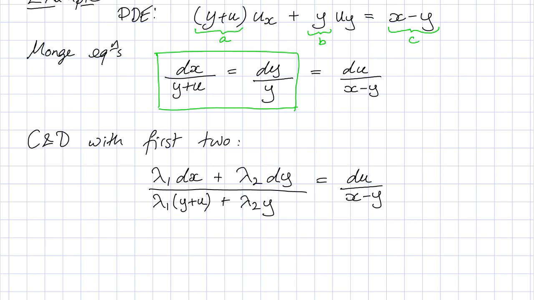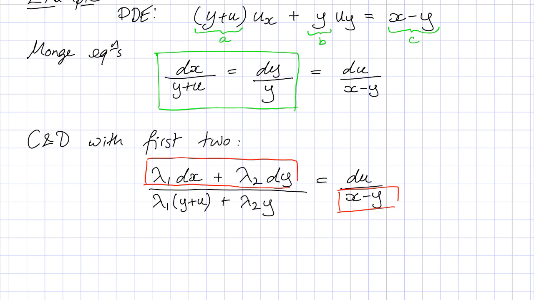But we can see here that there are two things to look at. If we look at this denominator here, we've got x minus y over here, and then if we compare it with what we've got on the left hand side, we've got lambda 1 times dx plus lambda 2 times dy.